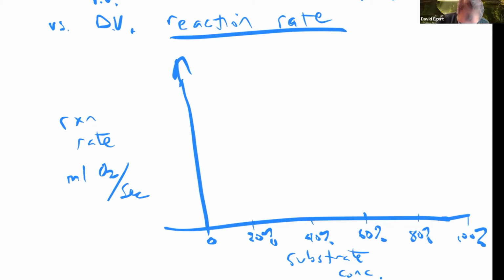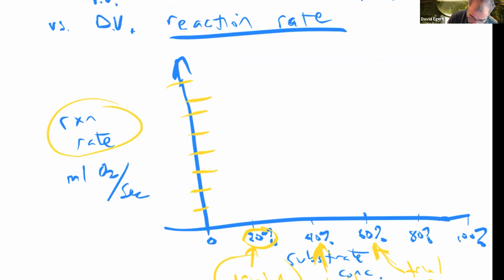But that means for each of these trials, this was trial 1, and this is trial 2, this is trial 3, etc., we're going to have to look at the data, look at the amount of oxygen that's getting made per second. We're going to have to approximate a best fit line and calculate the slope of the line. That's ultimately going to give us the reaction rate for that trial.